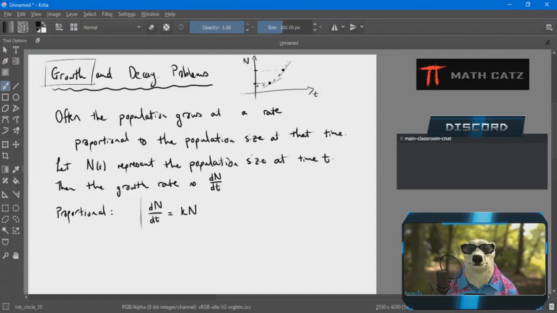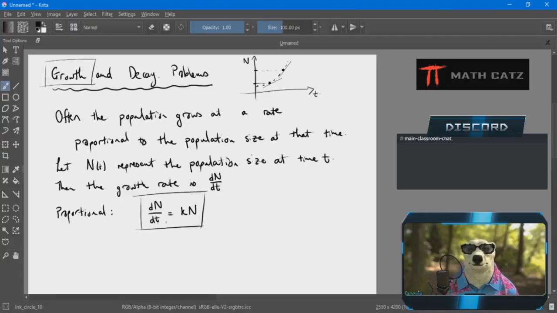So this is going to be our key differential equation to describe how the population changes. Its rate of change is some scaled up or down version of the actual population. So that if the population size goes up, then they grow faster, and vice versa.